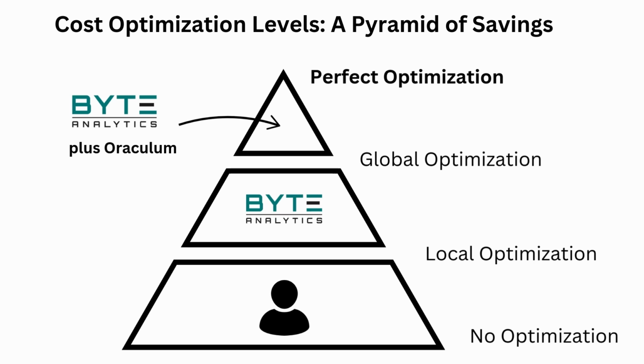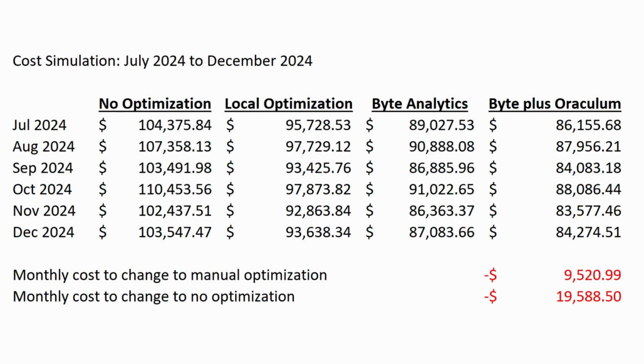By predicting the optimal costs for the coming month instead of the most recent month, Byte will allow customers to achieve near-perfect optimization. This tiered approach allows customers to see not just cost savings, but also the financial consequences of losing access to Byte's global optimization capabilities. It's a persuasive case for retention and ongoing value.